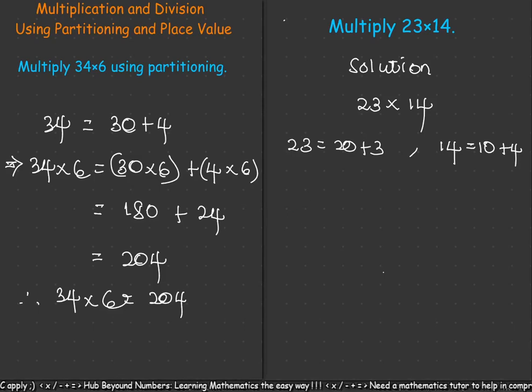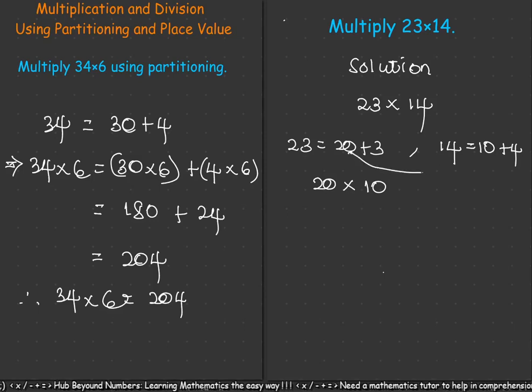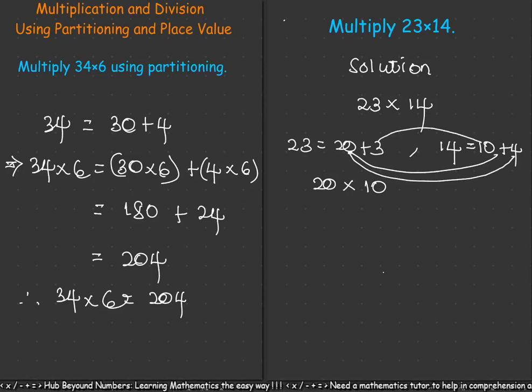We'll first take our 20 and multiply it by 10. Then we also take the 20 and multiply it by 4. Something like this, and then this. Then we also do the same for the 3.